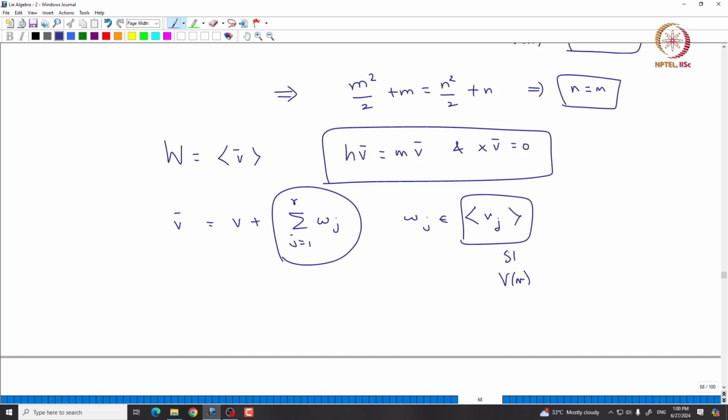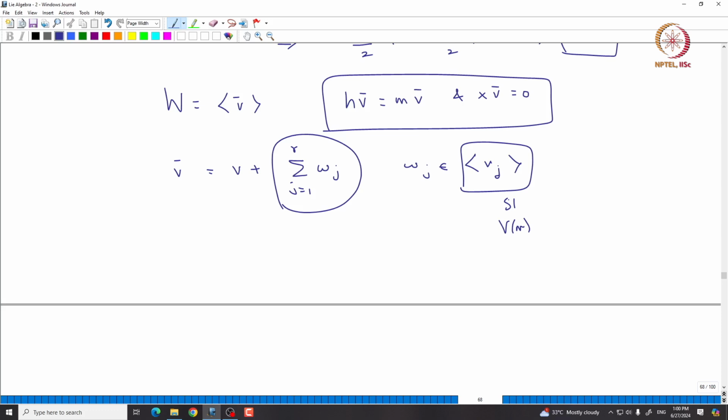That means x^(k+1) w_j will be 0, because it can't keep increasing. By putting together all of them, you can see that there exists some largest power k such that x^k v, even for v, because v is coming from capital V, v being finite dimensional, x to some power of v will be 0.